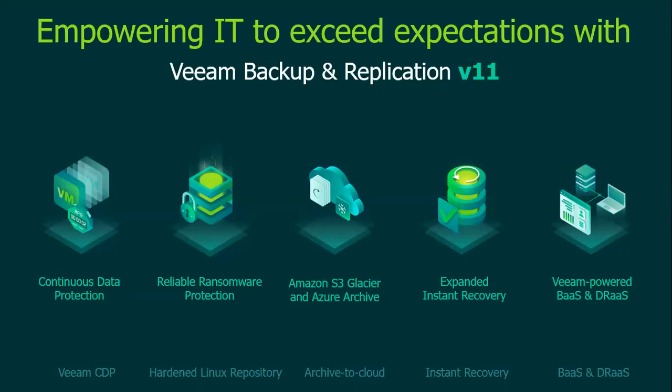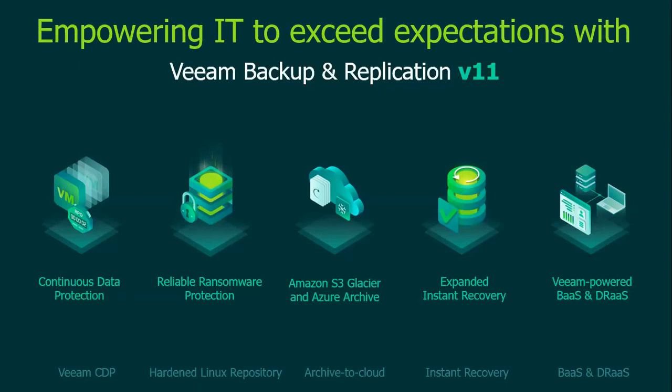Then the second part, which everybody talks about nowadays, is ransomware protection. We already had lots of tools to provide you ransomware protection, but with the introduction of V11, we have added more capabilities. Now we can create a Linux-based hardened immutable backup repository, right?